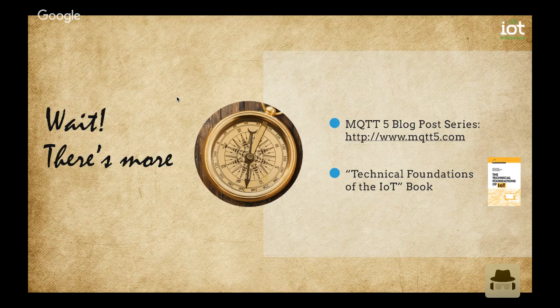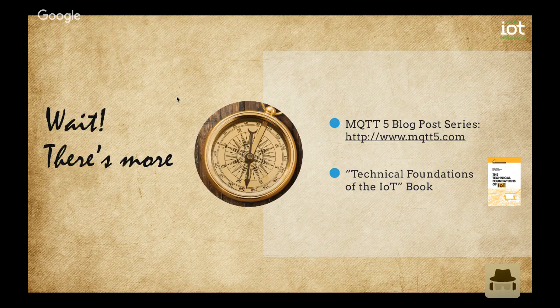Also, if you want to implement clients or brokers, either yourself or want to contribute, the whole IoT community would be very grateful for your feedback, and if you want to develop actively, I guess everyone is happy with this. You can learn more about MQTT 5 on mqtt5.com, which is a blog post series. It's not finished yet.